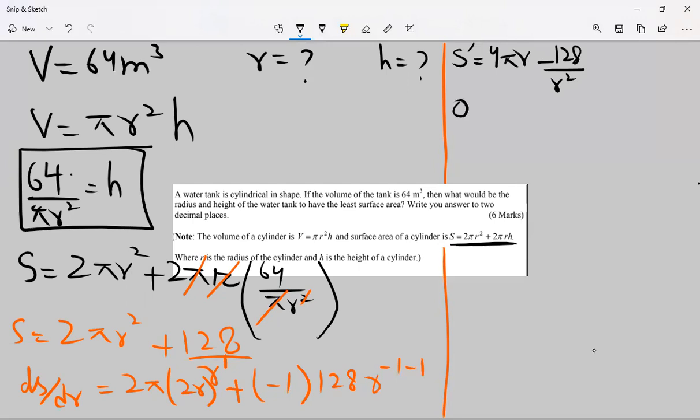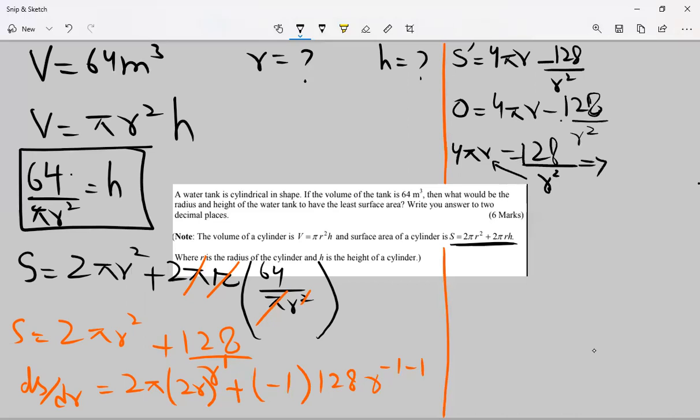And here we can easily find out the value of radius. How? 4 pi R minus 128 upon R square is equal to 0, so 4 pi R is equal to 128 upon R square. R will go there and 4 pi will come in the denominator.